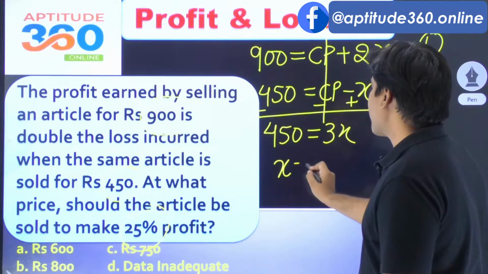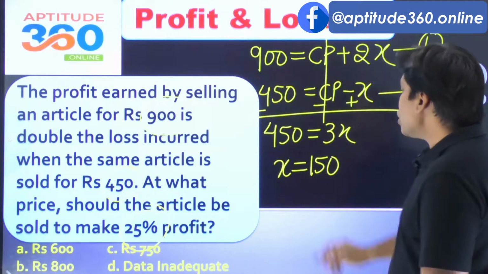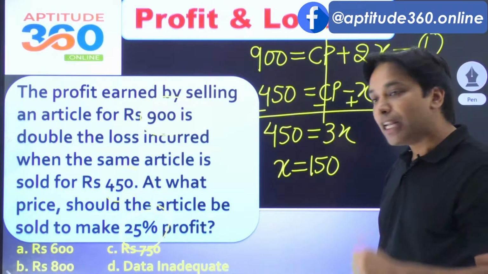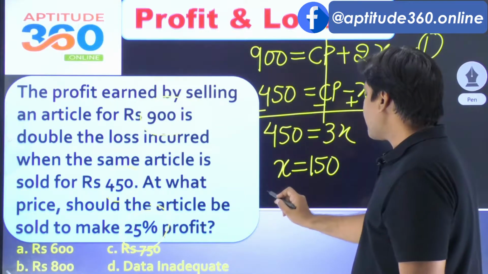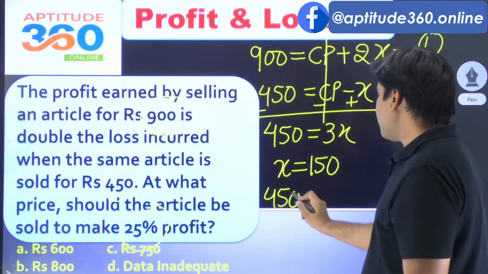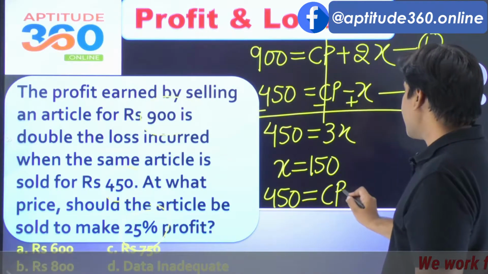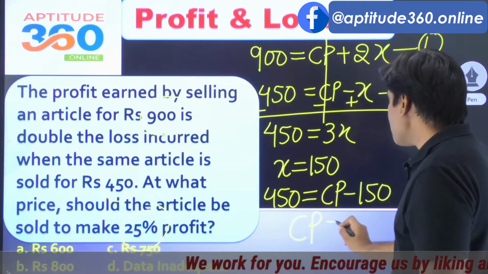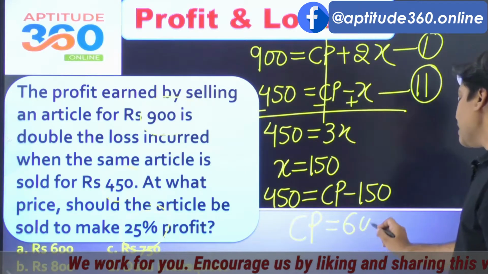So what is the value of x? It is 150. You plug in this value of x in any of these equations, and you will be having the value of CP. So I'm gonna plug in the second equation, which is 450 cost price minus x, which is 150. So what do you think is going to be the value of cost price? The value of cost price is going to be 600 rupees.